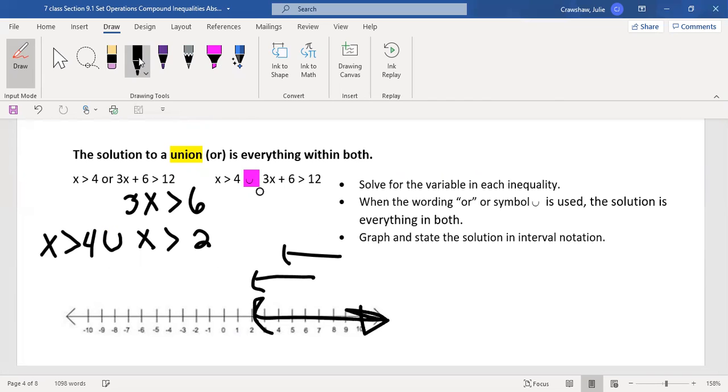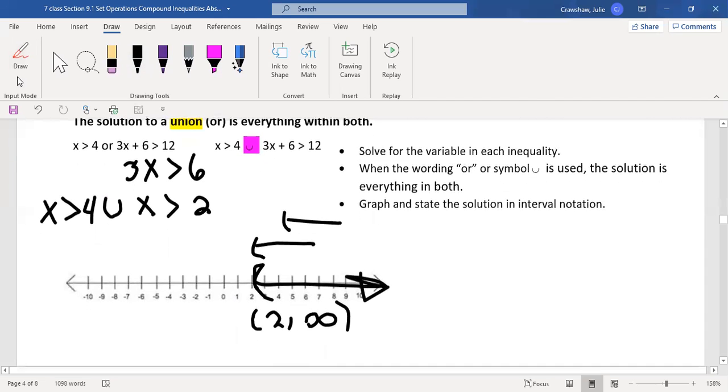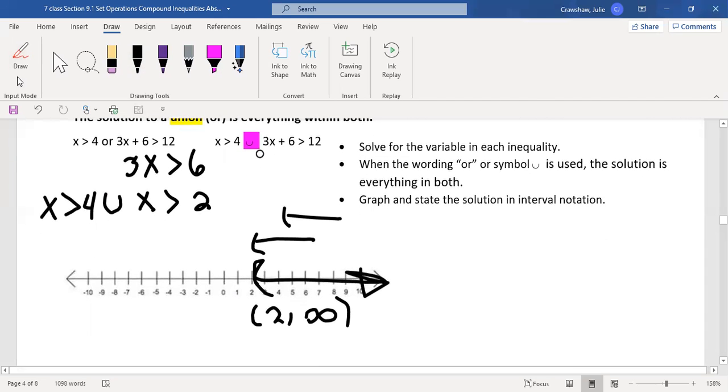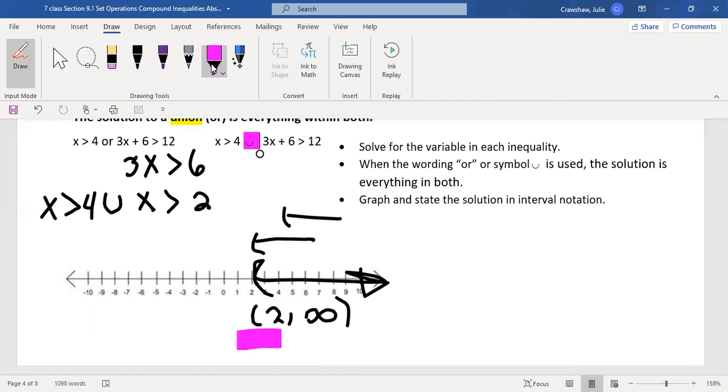So my options start at 2, so parenthesis 2, and I can pick any number bigger than 2, so infinity. So I've written my solution on the number line, and I've stated the solution using interval notation.